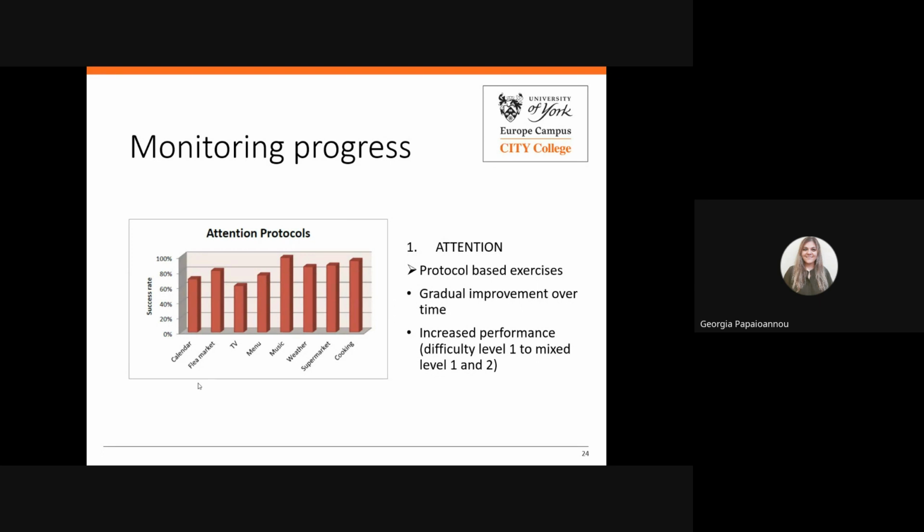So we started from level 1, which is the easiest one, and it is really obvious when we started to use mixed exercises from level 1 and 2, from TV, menu, music, and again with more level 2 exercises than level 1. On the final one, regarding weather, supermarket, cooking, we have a gradual improvement.